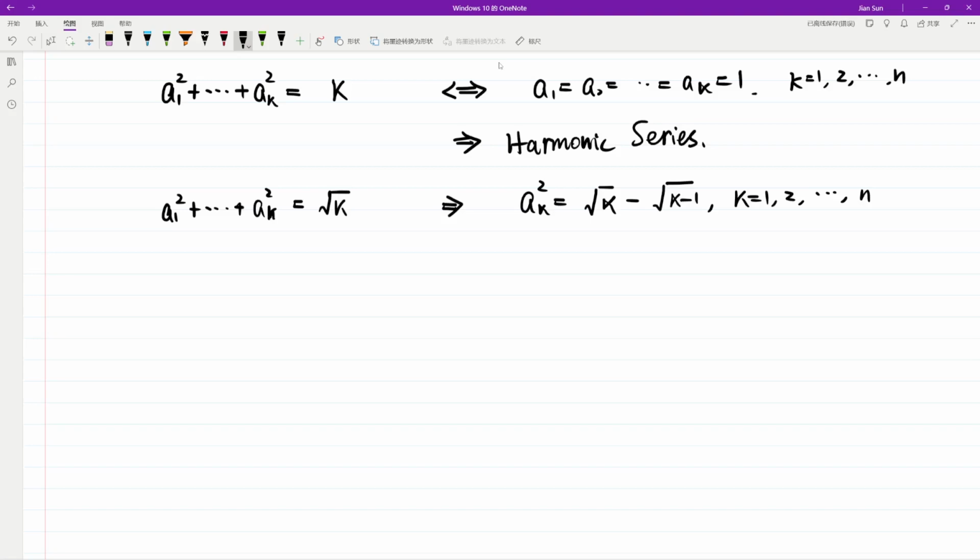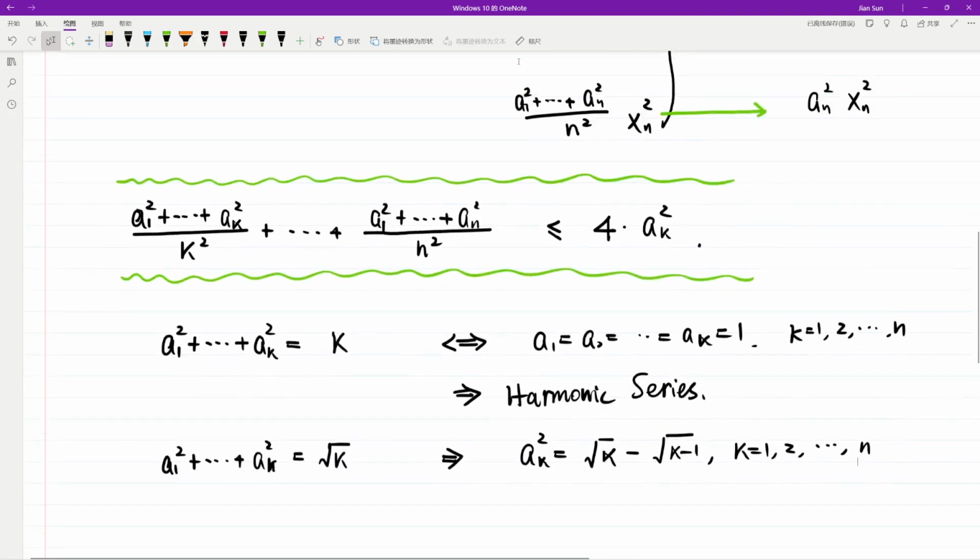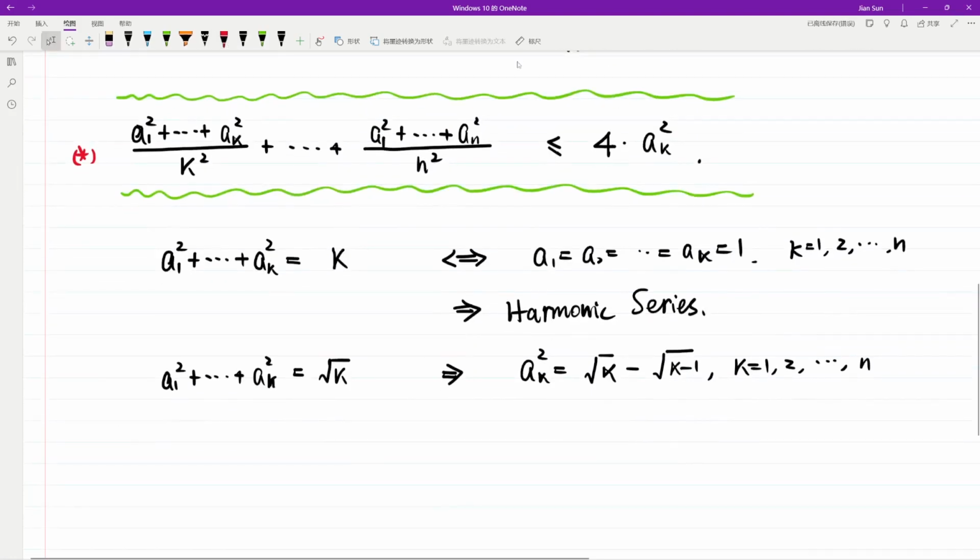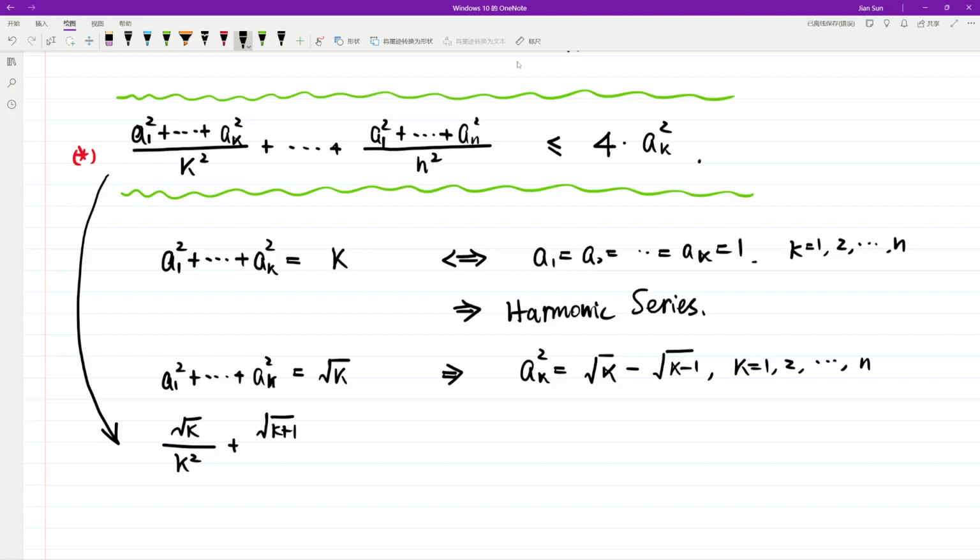The desired property, which is right here, let's just check this. This inequality is equivalent to, we just need to check this one. The bottom is k squared, the numerator is square root k, and the next one is square root k plus 1, and then we have k plus 1 squared.